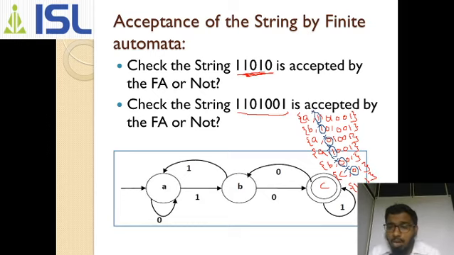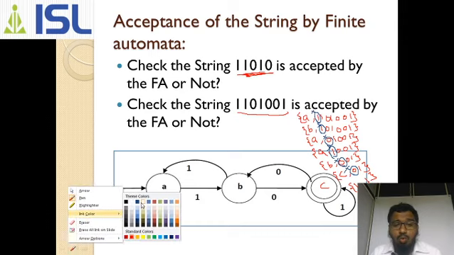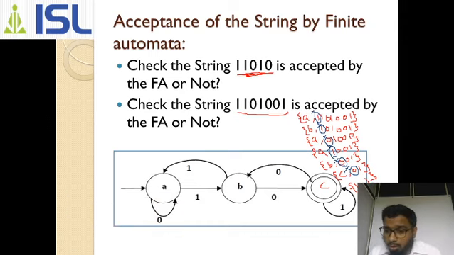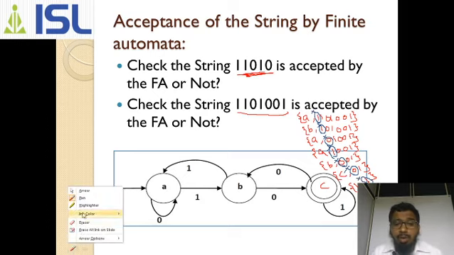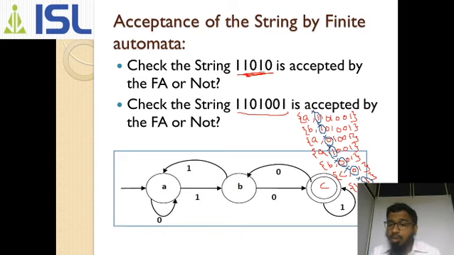Now B comma 1, if B is 1, where is it going? If B is 1, it is going to A. If B is 1, we are getting the value A. Then we need to remove this string and write the remaining string. But we don't have any remaining string here. Because of that, this is your final answer.